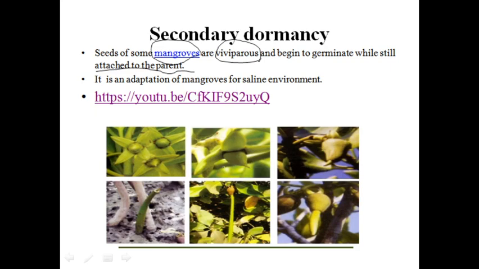So this is the diagram that shows how these seeds can germinate while still attached to the plant. You can go into detail in this YouTube video on how mangrove seeds can germinate.